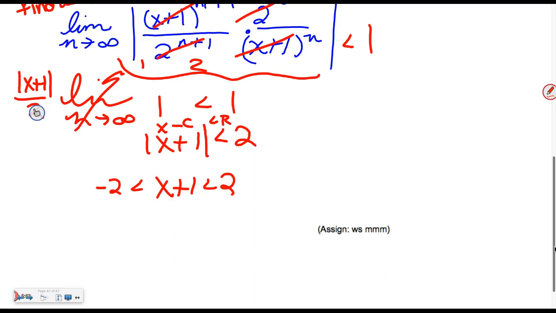Really what this is saying is that I have to be within 2 units of the center, and my center is -1. That's how you're supposed to think about it. You're supposed to be within 2 units of -1. Where would that put you? -3 and what? 1.